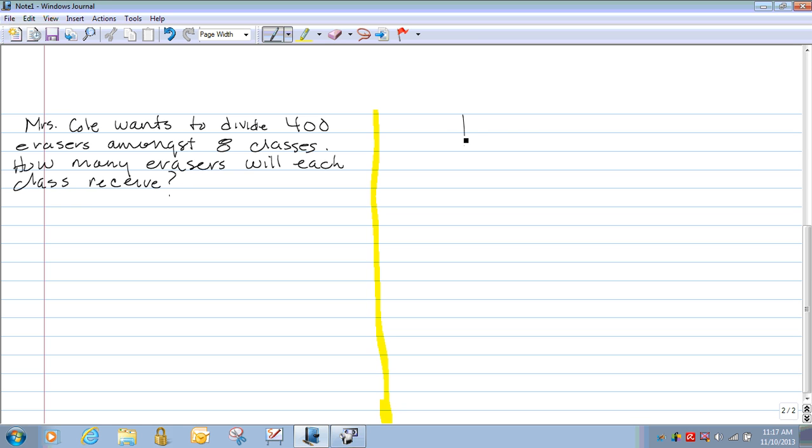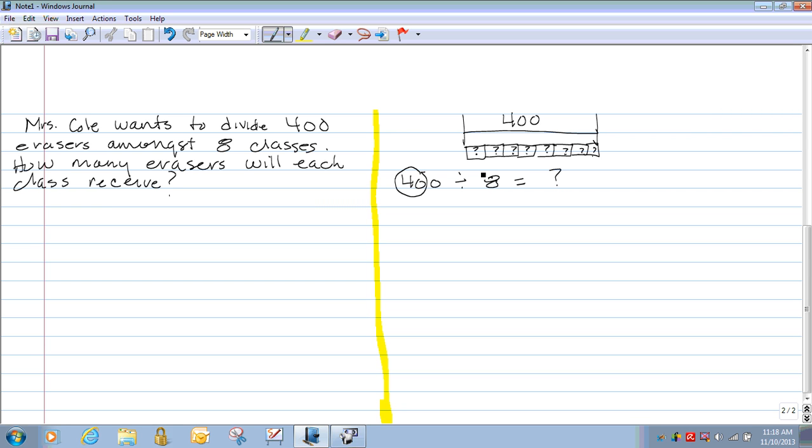Okay, let's draw this out. We're going to have 400 is the total amount of erasers, and there are 8 classes. 1, 2, 3, 4, 5, 6, 7, 8. And we're trying to solve how many erasers are in each class. Our problem is 400 divided by 8 equals some number.